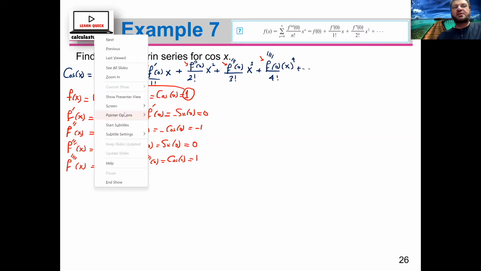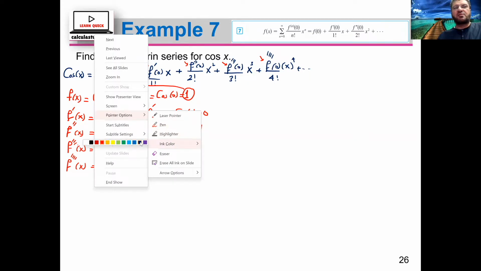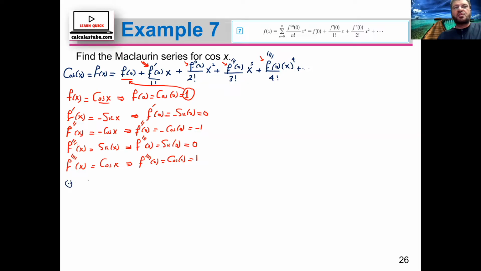So now what do we say? Now we go back to our function, our question. So what do we have? Therefore, cosine x can be presented as what? F of 0 is 1. So the first term is 1. Plus f prime of 0 is 0. So this one is a 0 over 1 factorial times x.